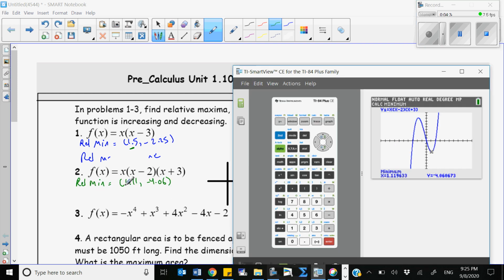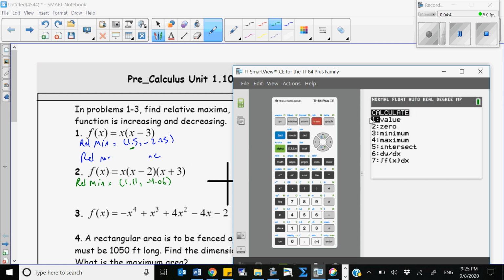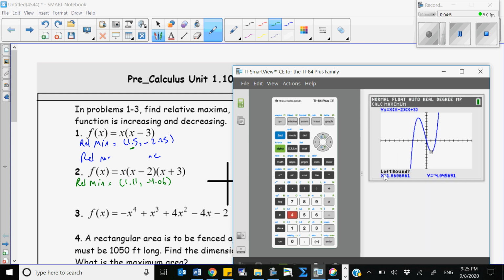Okay, so I wrote the relative min point here. X is this one, and y is negative 4.06. Now I need to find the maximum. So I go second trace, and number 4 is the maximum. So it's asking for left bound. The cursor should be on the left side of this point.